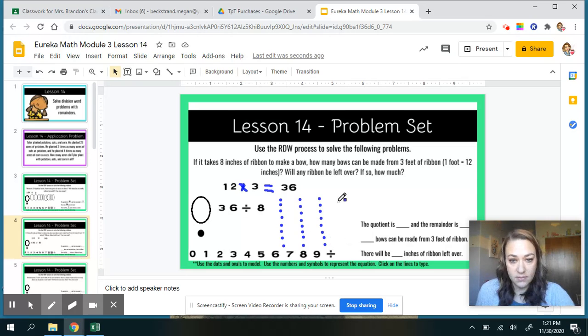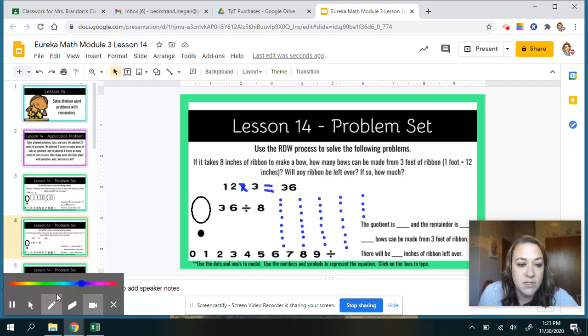There's 3 groups, 24, 25, 26, 27, 28, 29, 30, 31, 32. There's 4 groups of 8, 32, 33, 34, 35, 36.